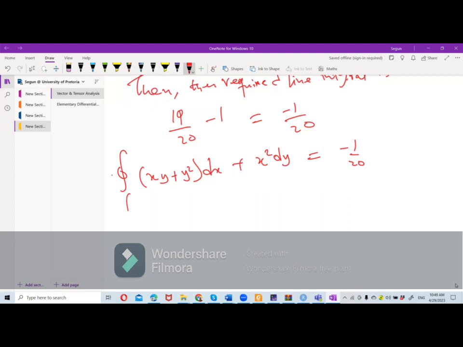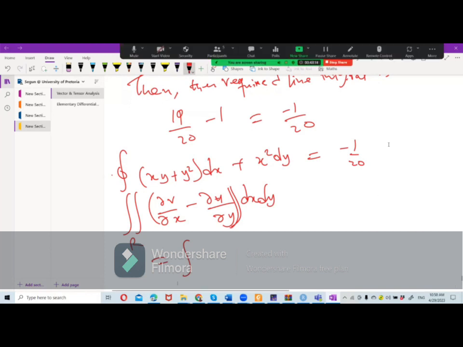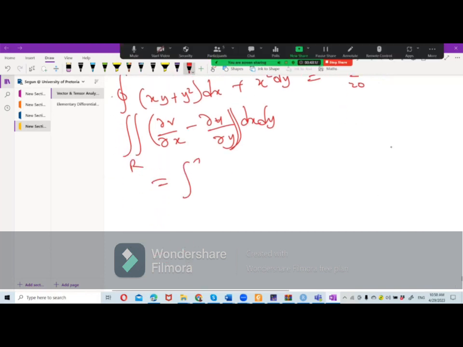It says integral r (dv/dx minus du/dy) dx dy is the same thing as integral r. Remember the v. What represents v here?